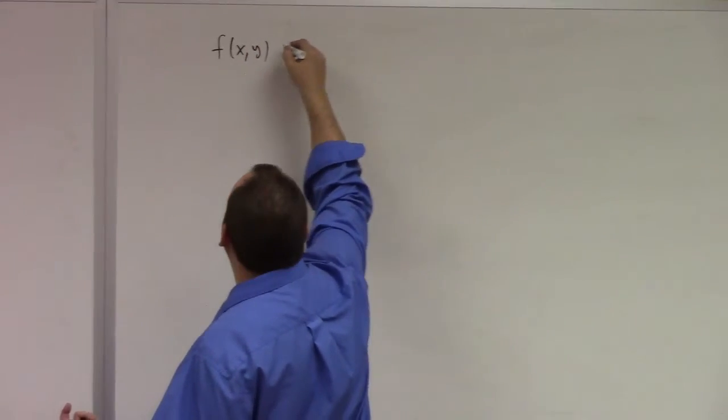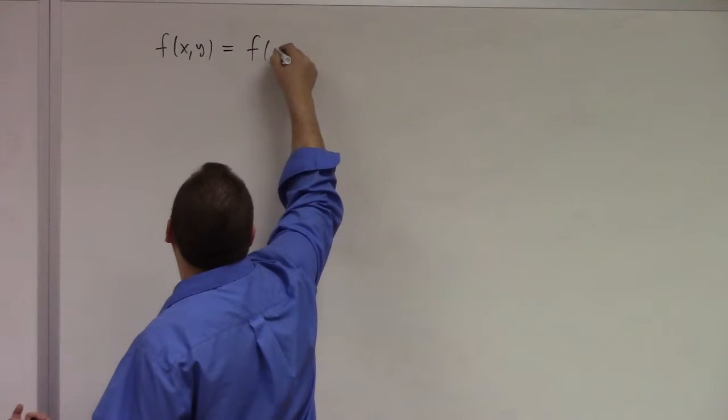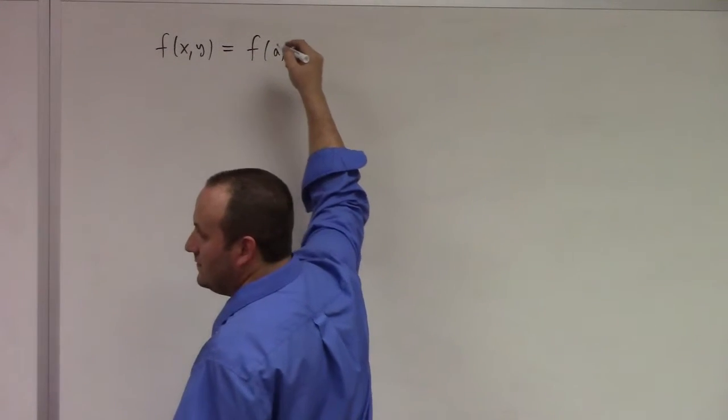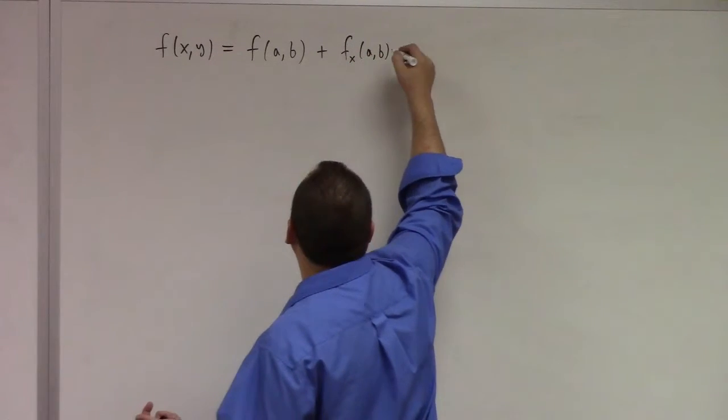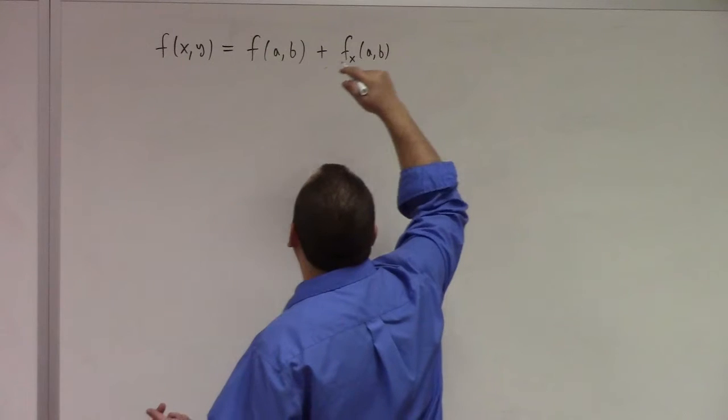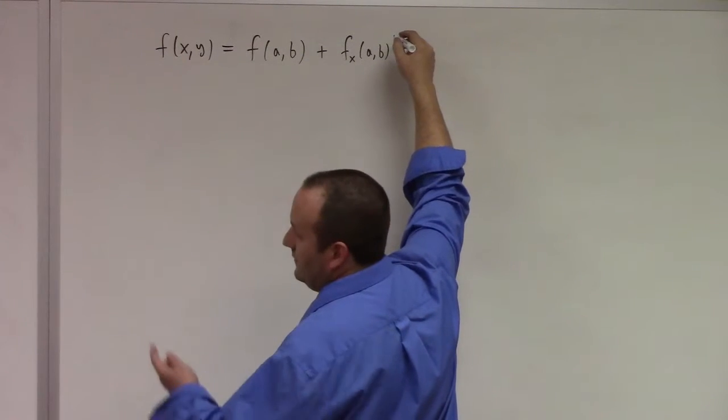All right, so f of a comma b, and then plus fx of a comma b, and then what goes here? X minus a is what?